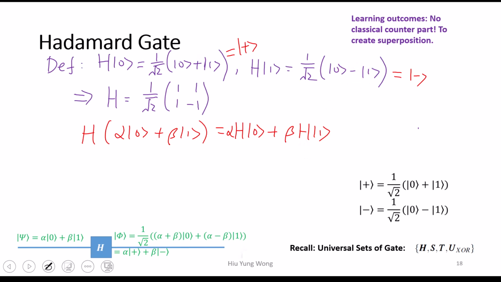But you should also be very familiar with the fact that I can say this is equal to alpha plus times beta minus. Sometimes in a quantum algorithm, you might want to have two bases at the same time. That can help you understand it better, right?